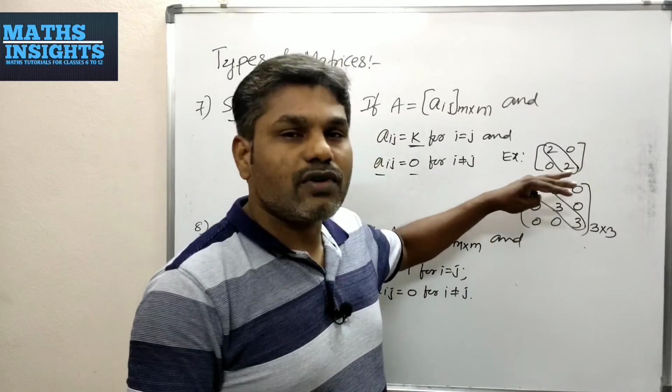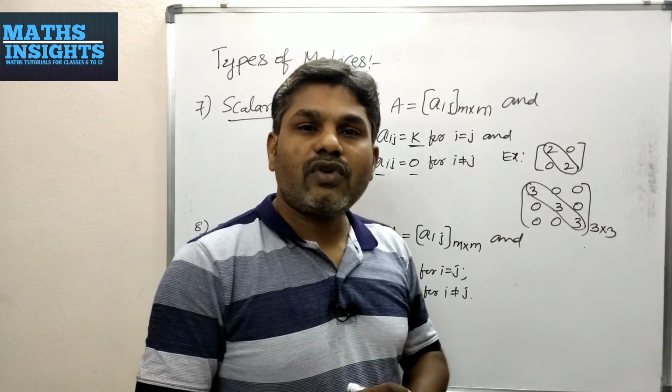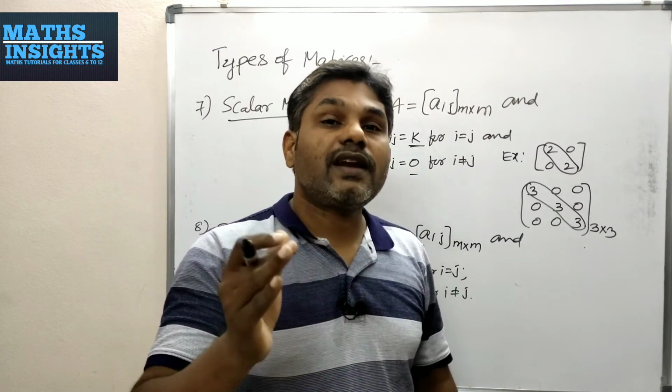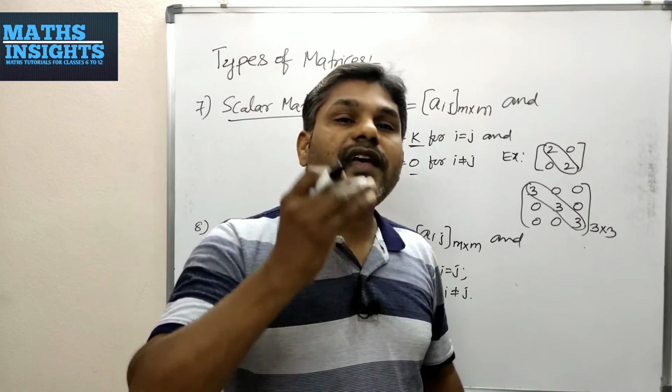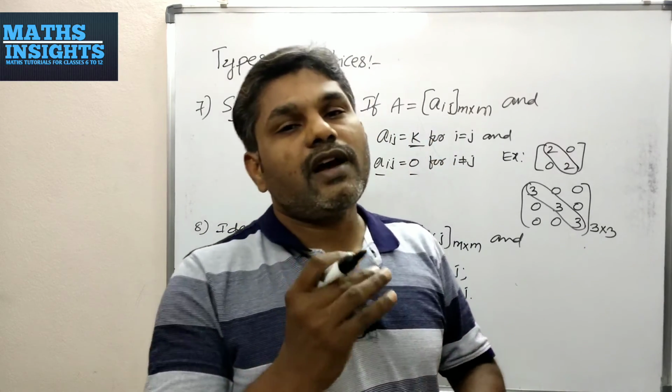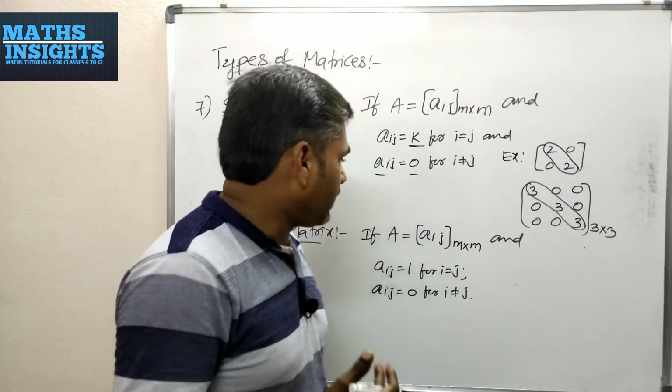This is also an example of a diagonal matrix. Every scalar matrix is a diagonal matrix, but every diagonal matrix may or may not be a scalar matrix.